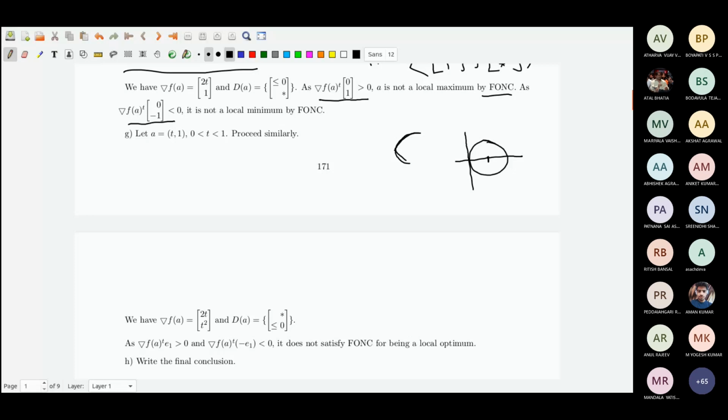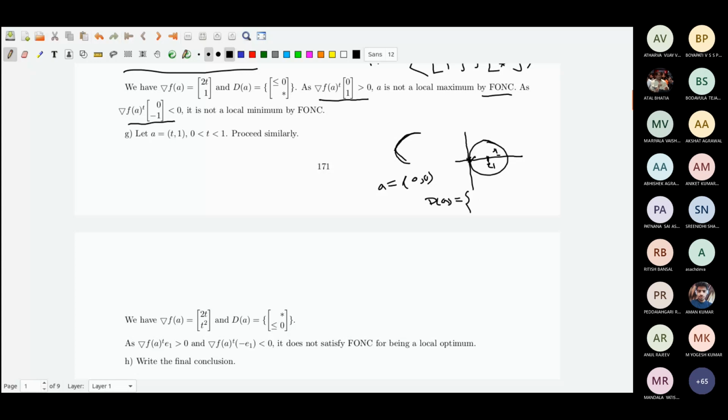Centered at (1, 0), and the radius is 1. Now, the point is A, which is the origin, (0, 0). I am standing at (0, 0). Now, what are the feasible directions at A? That means I want to travel a little bit in that direction and still stay inside the set.